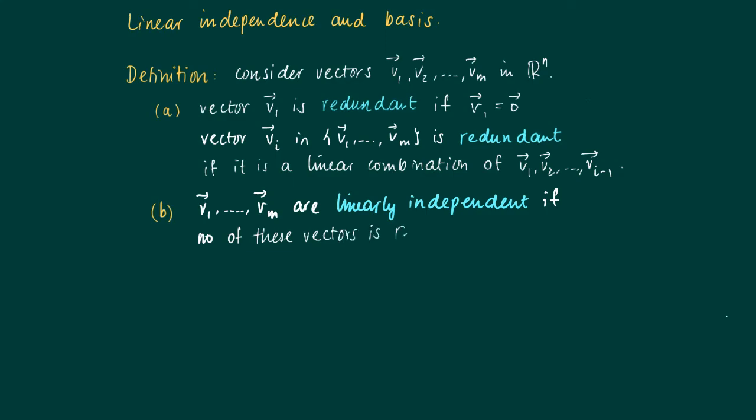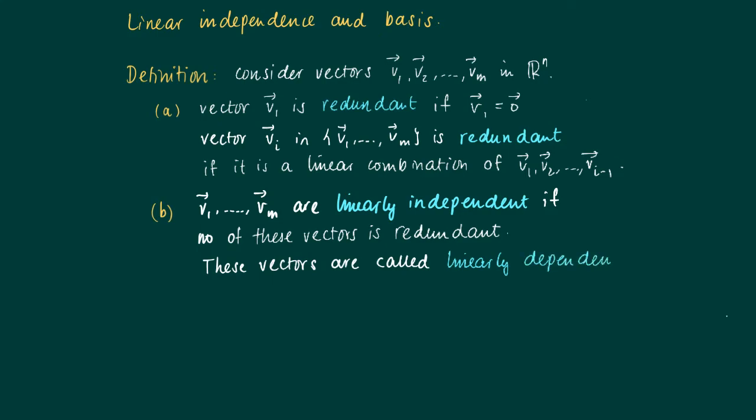And these vectors are called linear dependent otherwise. So if we can express one vector in terms of the other ones using linear combinations, then we will call this vector linear dependent on the other ones.